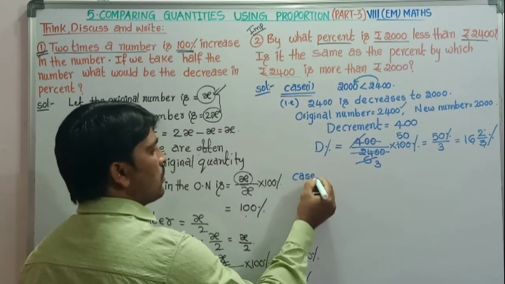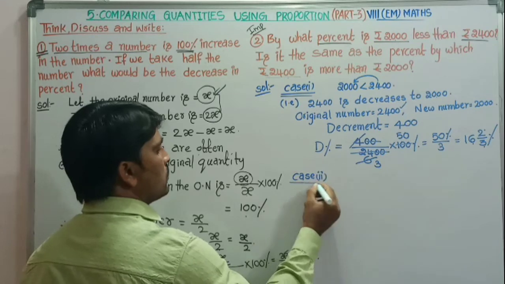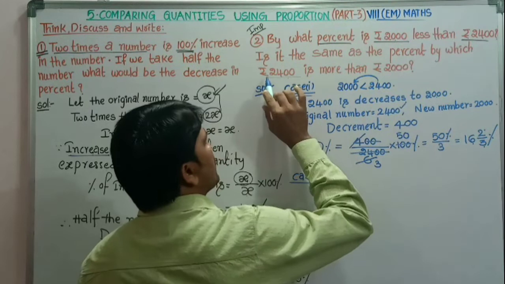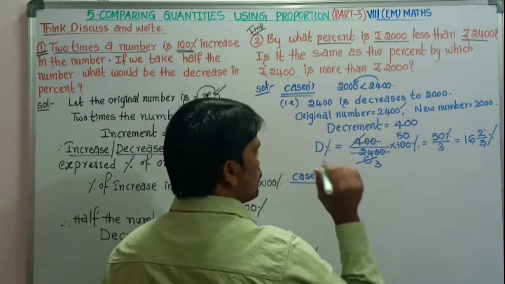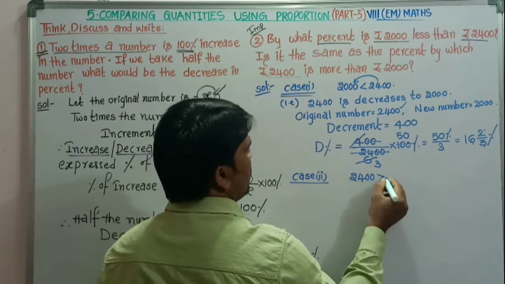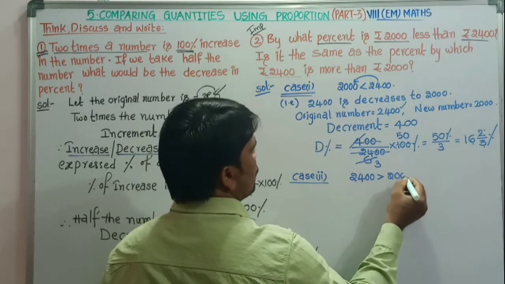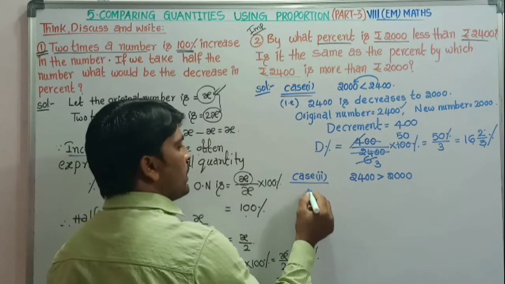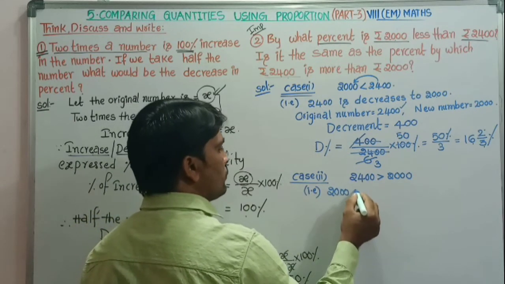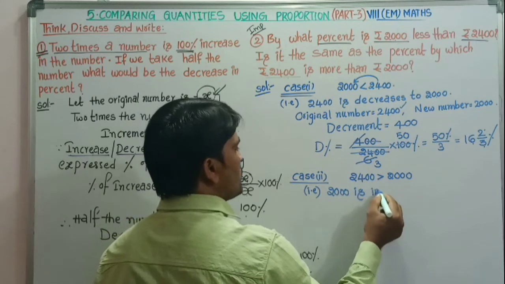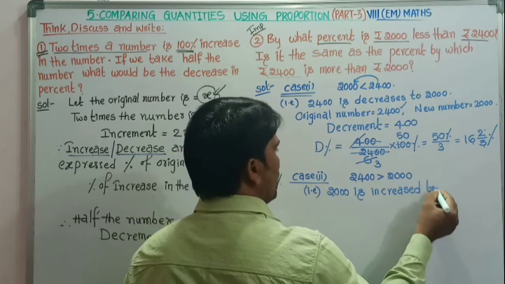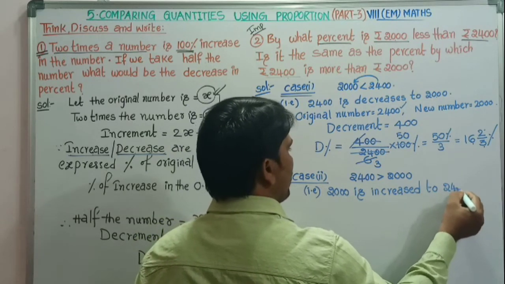Consider case 2. By what percent rupees 2400 is more than rupees 2000. We know that 2400 is greater than 2000. In this case, suppose we let 2000 be increased to 2400.